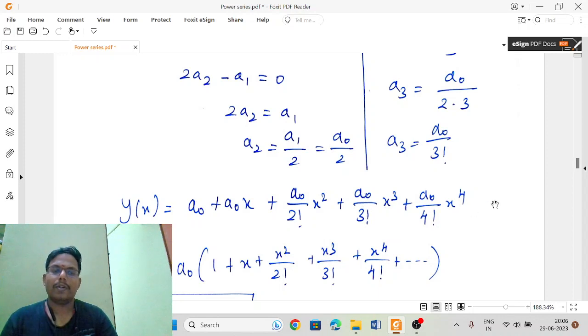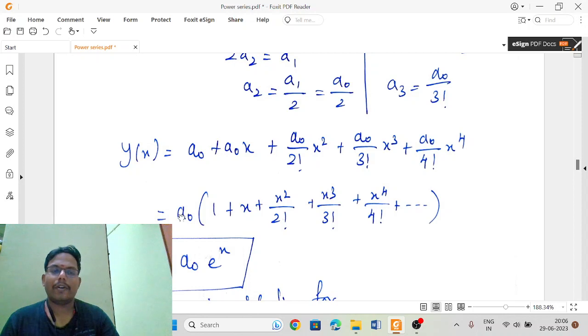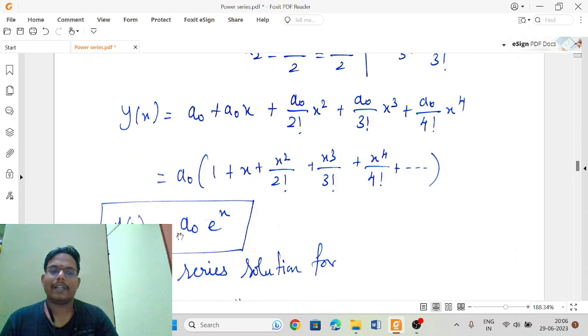Like that it goes on. We have a naught in common, so I take a naught out from all the terms and write it as a naught times 1 plus x square by 2 factorial plus x cube by 3 factorial, etc. This is the power series of the exponential function. So I can write it as y of x is equal to a naught e power x.